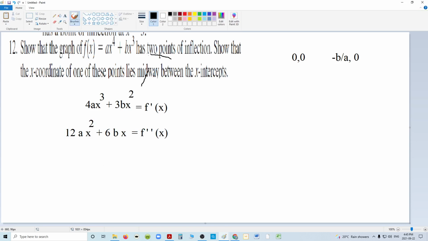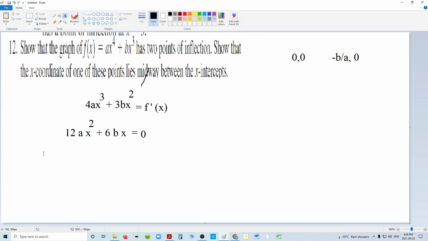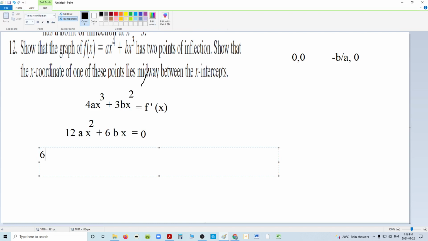Now, according to this, they're asking us to prove 2 points of inflection. Well, that's when the second derivative is equal to 0. So the question is, can we factor that and prove that there's 2 points of inflection? Well, yeah, I can take a 6 out, and I can take an x out, and I'm left with 2ax plus b is equal to 0, let me make sure I got that right.